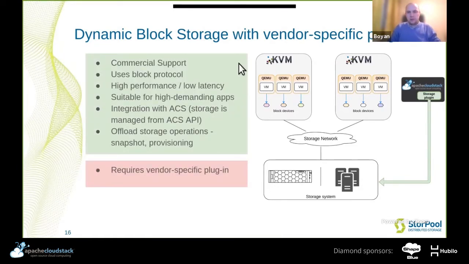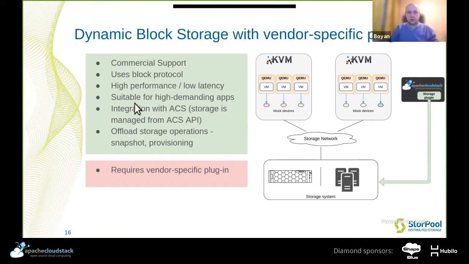Positives and negatives. For most of these systems, you can get support for dynamic provisioning in CloudStack. You can get commercial support for the storage system. It is a direct block protocol. There are no file system layers on top. It's a block storage stack completely end-to-end. Some of these systems have very high performance and very low latency.